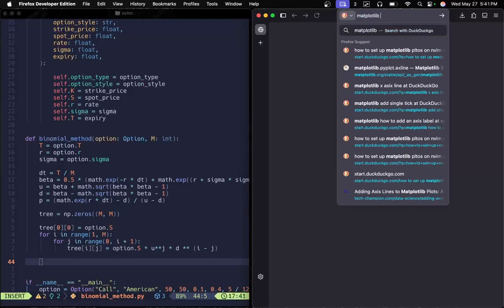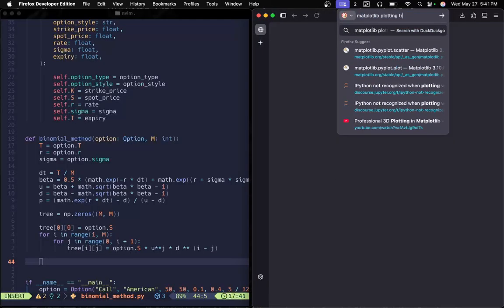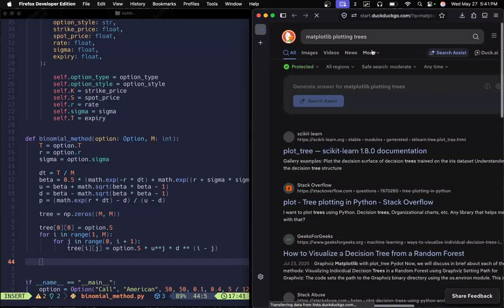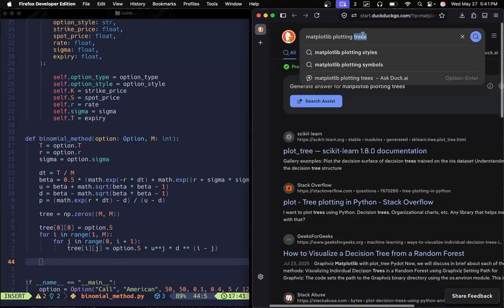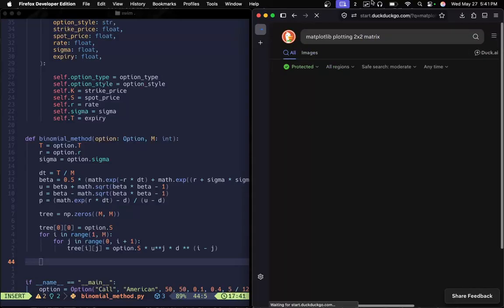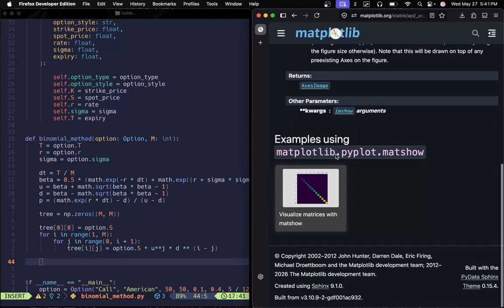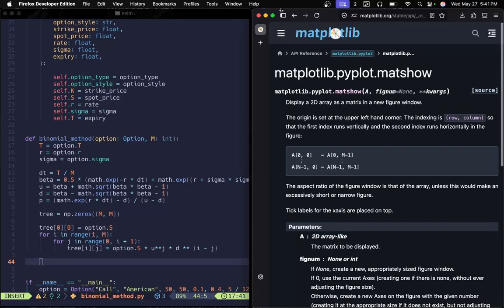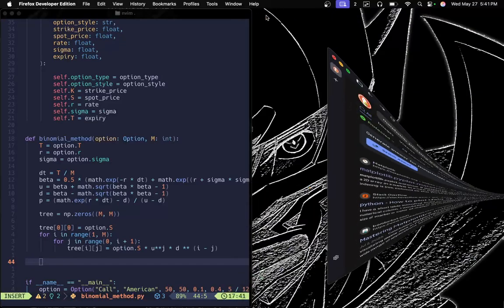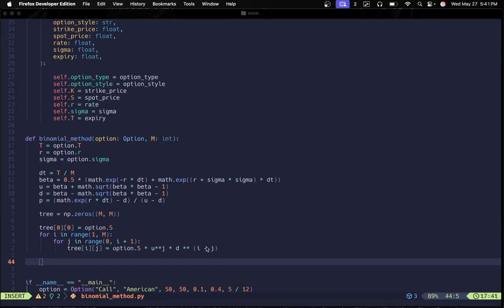Plot lib. So the way they do it is they do a scatter.